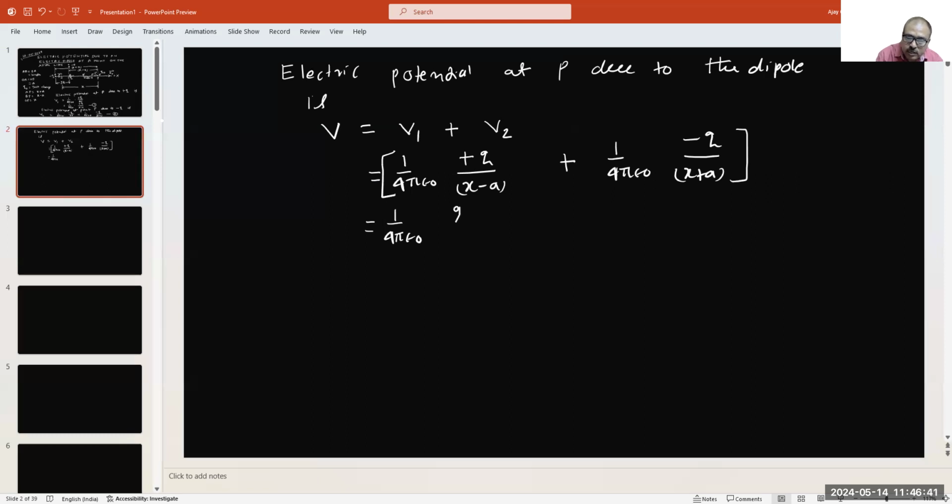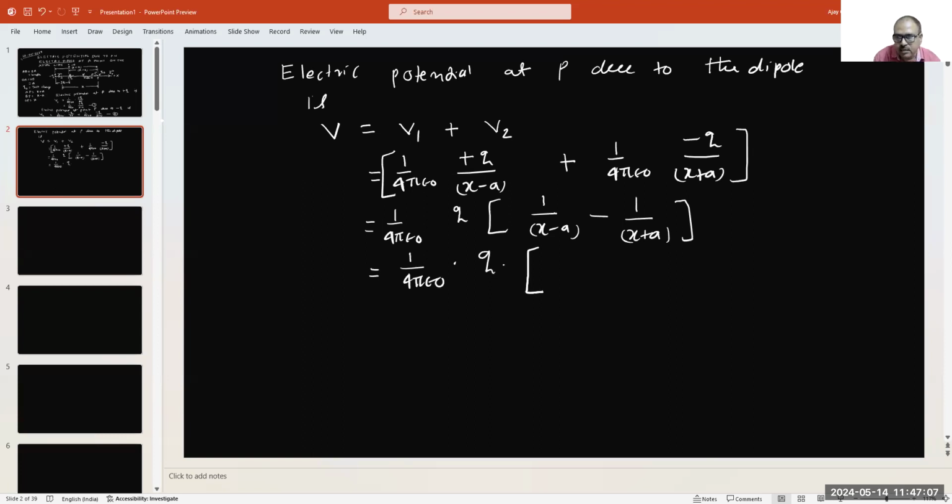You write only Q and the remaining terms: 1 upon x minus a, the negative sign of the charge, 1 upon x plus a. Now simplify. 1 upon 4 pi epsilon naught, Q is the charge.